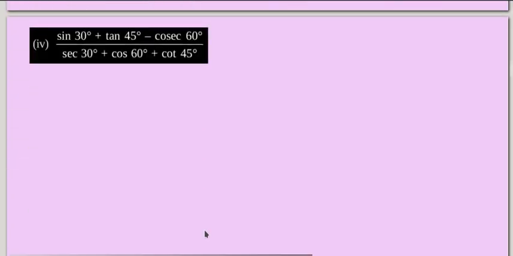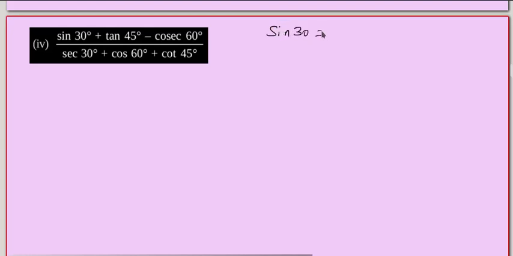So it is sin 30, tan 45, cosecant 60, okay, and secant 30, cos 60 and cot 45. These values first let me list. Okay, sin 30. Sin 30 is what? 1 by 2.